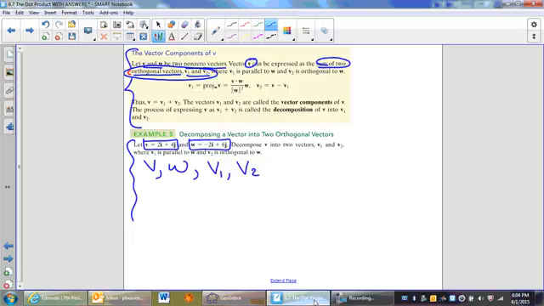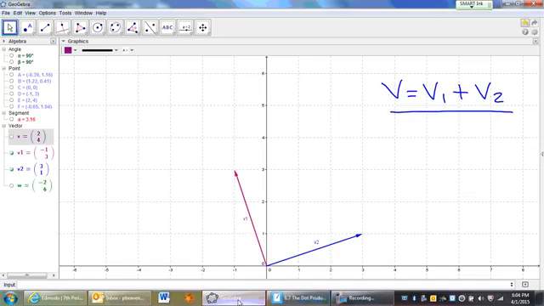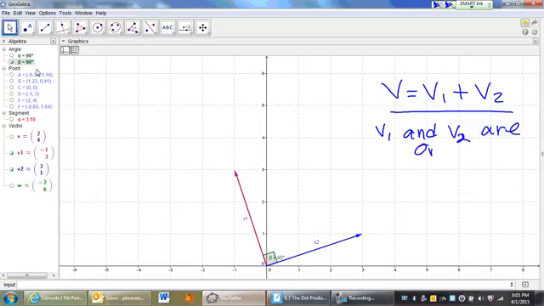If you remember, that means that there should be a 90-degree angle in between those two. So those two are perpendicular. And here's my 90-degree angle to prove it. So we could say that V sub 1 and V sub 2 are orthogonal.